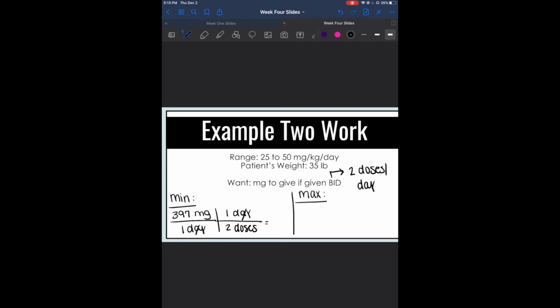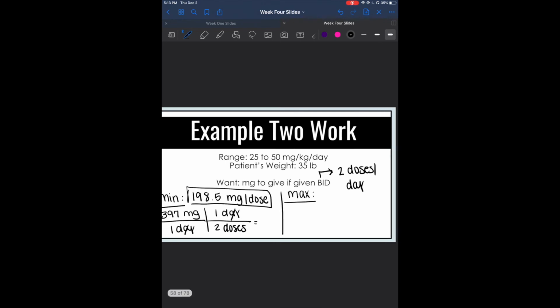So we end up with 198.5 milligrams per dose for our minimum. Maximum's the same setup.